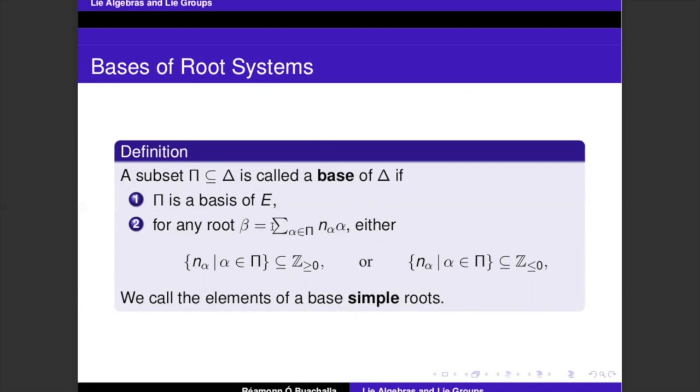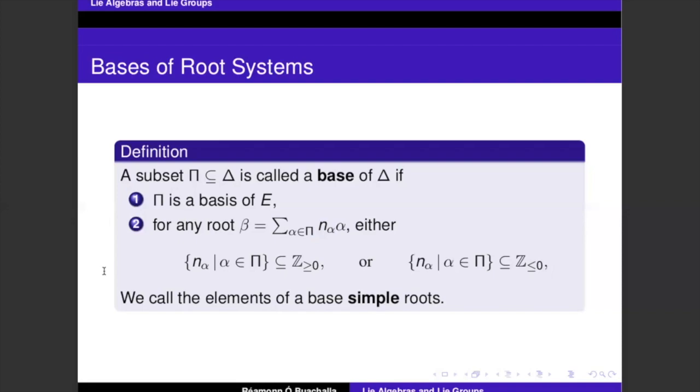So we want it to be some integer linear combination, but the integers have to be either all greater than or equal to 0, or all less than or equal to 0. Okay, so this is the notion of a generating set.